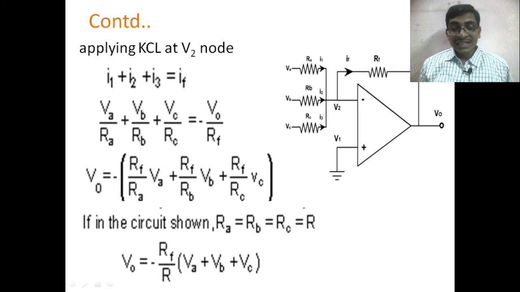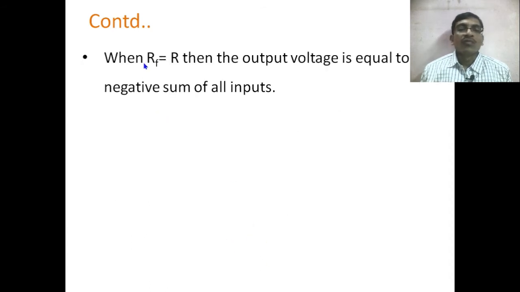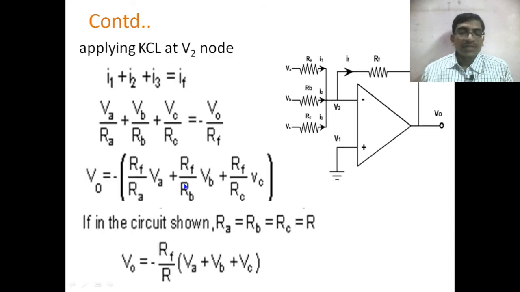Therefore, we can say our amplifier is working like a summing amplifier with some gain RF by R. Suppose when RF is equal to R, then the output voltage is equal to the negative sum of all inputs. In the above equation, if you take RF also equal to R, then R by R becomes 1.